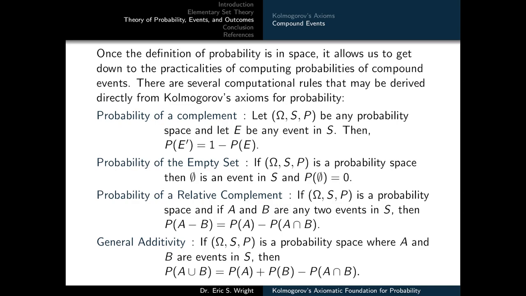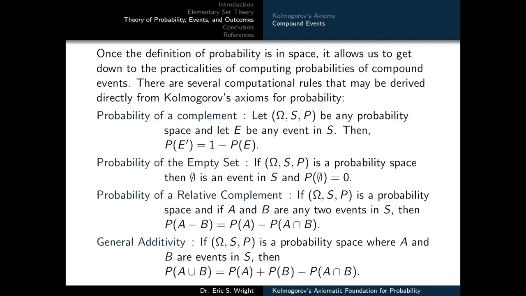This is known as the general additivity rule. If we have a probability space, and A and B are events in the sigma algebra of that space, then the probability of the union of A and B is equal to the sum of the probabilities of A and B minus the probability of the intersection of A and B.